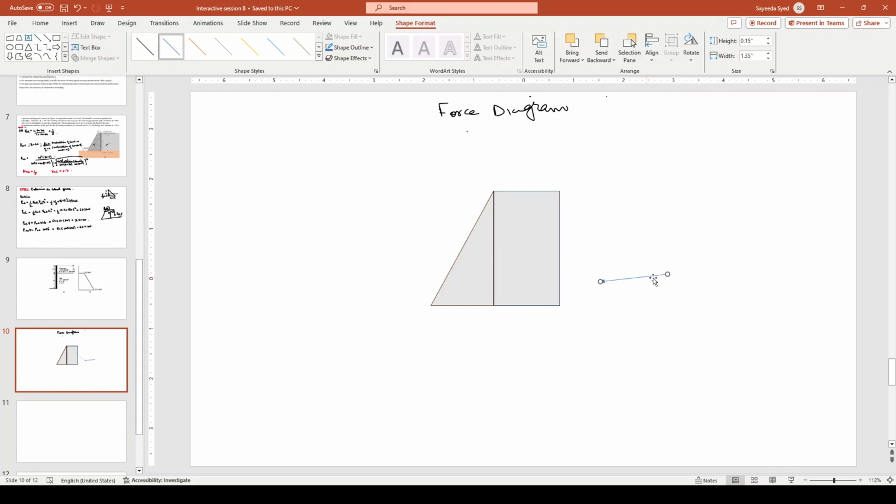Let's actually draw two diagrams so that we don't get confused. So this is for the Rankine.